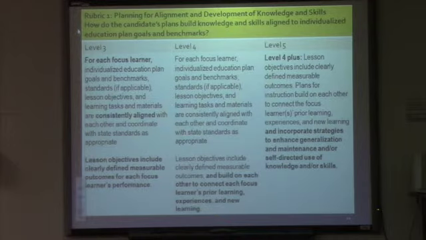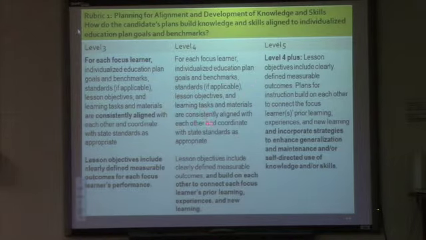So rubric 1. So here's level 3, 4, and 5. You have 2 over here and 1 over here. We're not really going to look at this. We're going to look at this. For each focused learner, individualized education plan, goals and benchmarks, standards, lesson objectives, and learning tasks and materials are consistently aligned with each other.